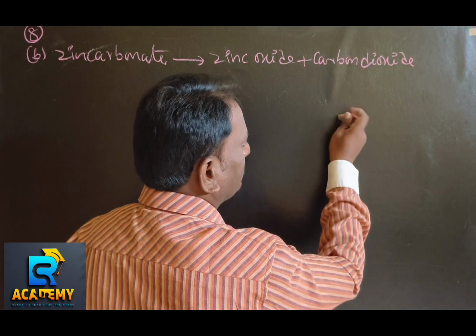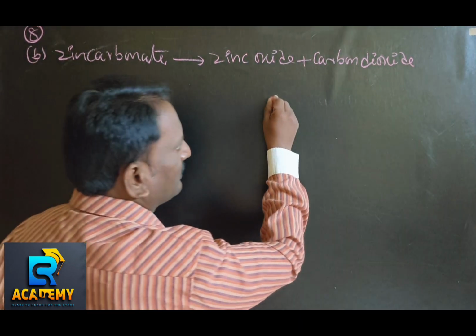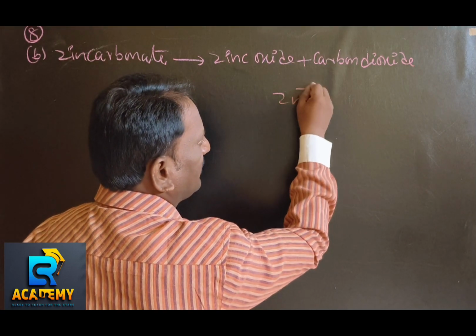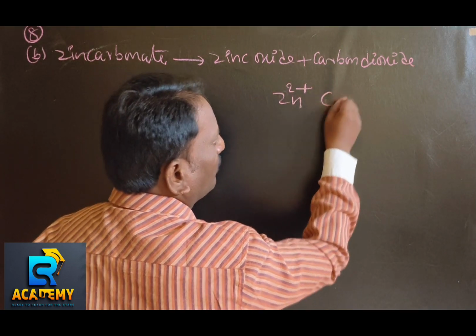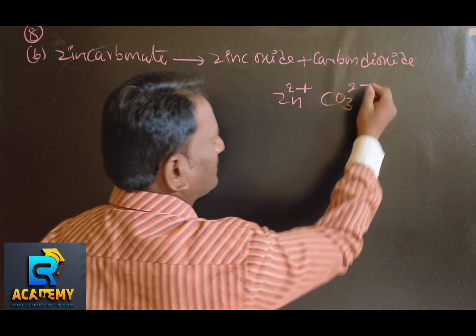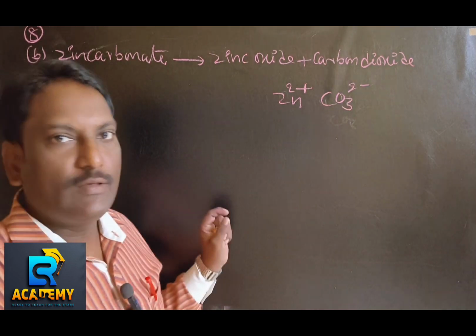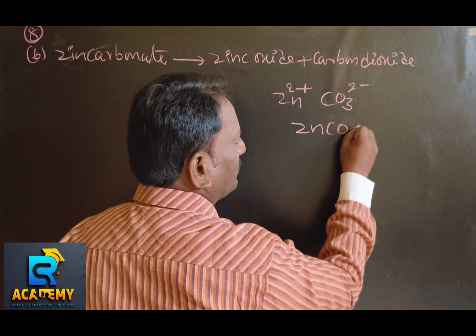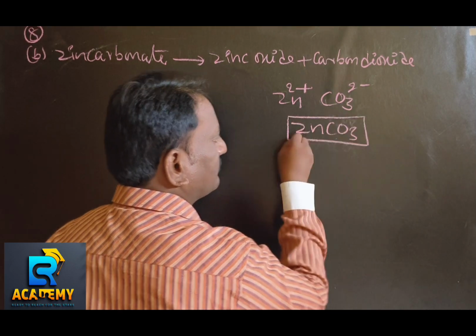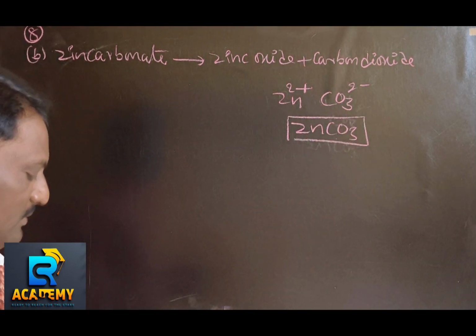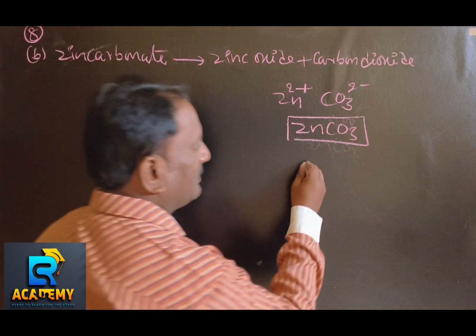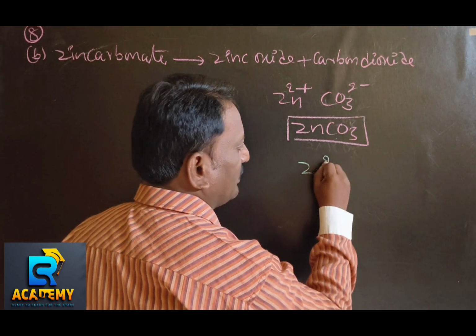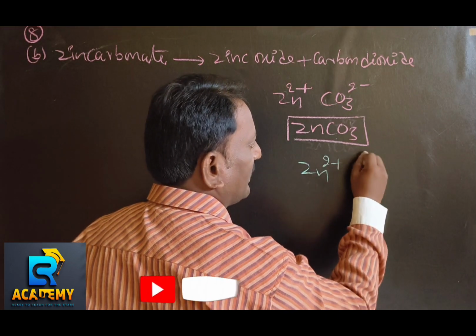Zinc carbonate: zinc ion Zn2+ and carbonate ion CO3 2-. Both are equal in magnitude, so no need to crisscross. Directly write ZnCO3, zinc carbonate. Next, zinc oxide: zinc ion Zn2+ and oxide ion O2-.